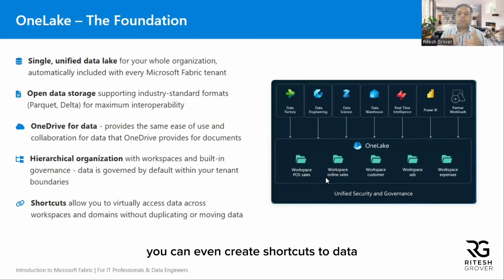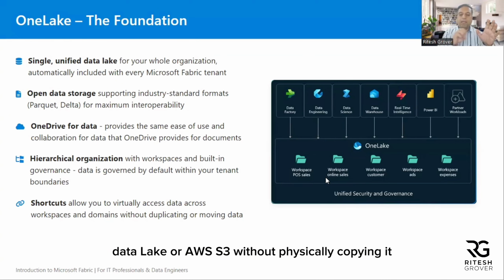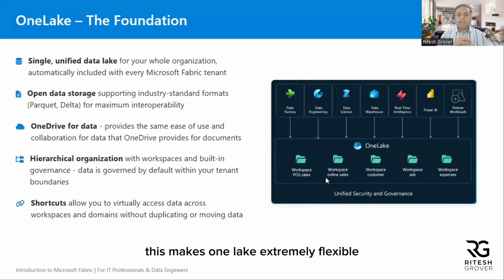You can even create shortcuts to data stored in other locations, for example, in Azure Data Lake or AWS S3, without physically copying it. This makes OneLake extremely flexible, secure, and scalable.